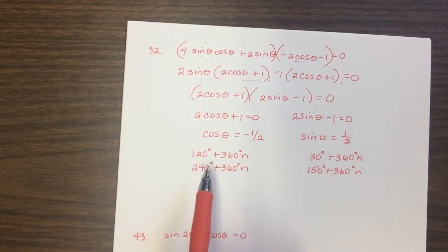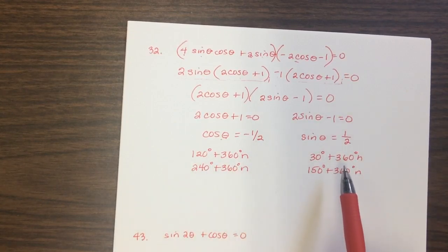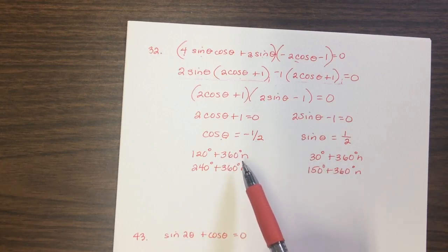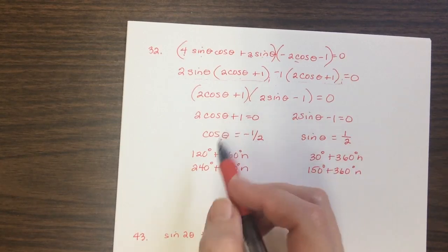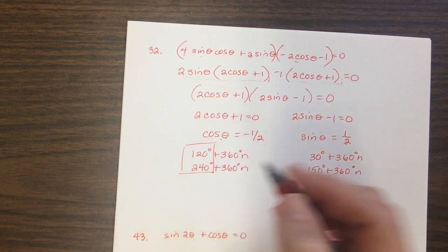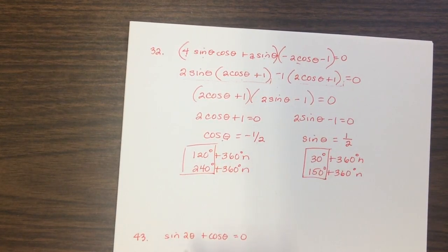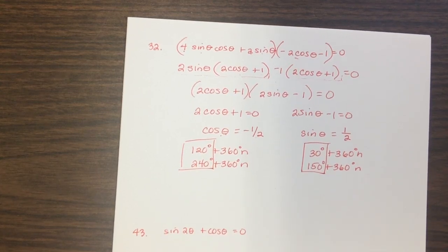And I'm not sure, like I said, if it asks for those solutions from 0 to 360 degrees, or if it asks for all solutions. But remember, if it just asks for between 0 and 360, it's just asking for these values right here. You don't have to give me every solution. Alright, and then we'll do one more.